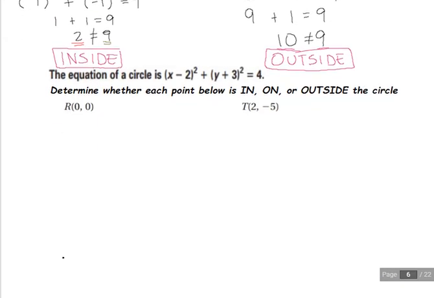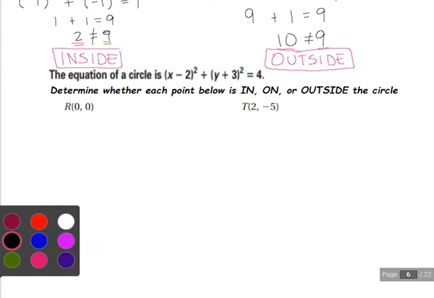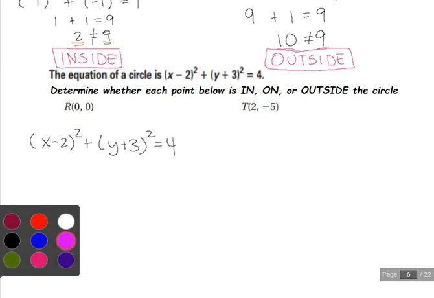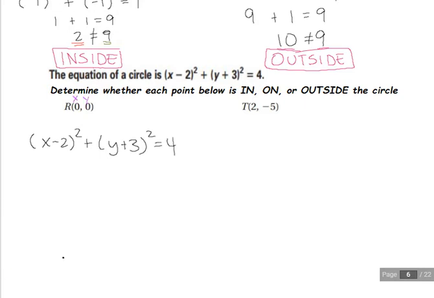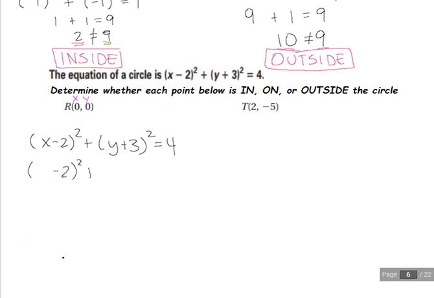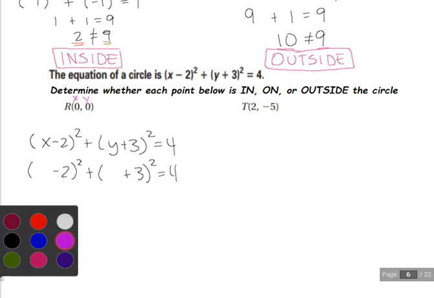Okay, so it looks like we have a repeat of what we just did, which I think is fine. We have a new equation though, so let's start with (x minus 2) squared plus (y plus 3) squared is equal to 4 squared. The new substituted point is x, y equals 0, 0.